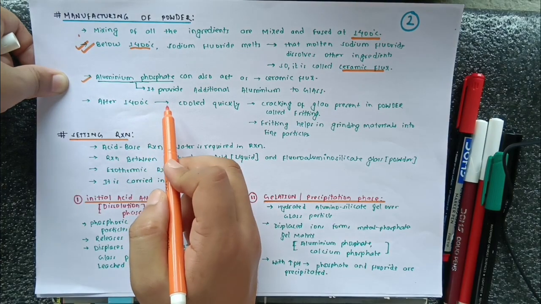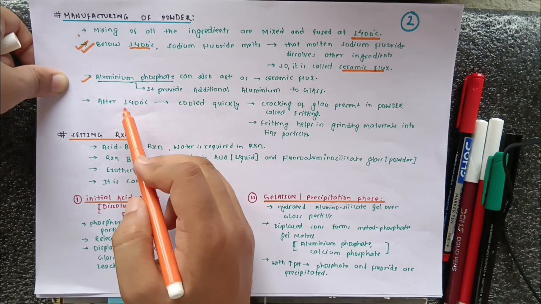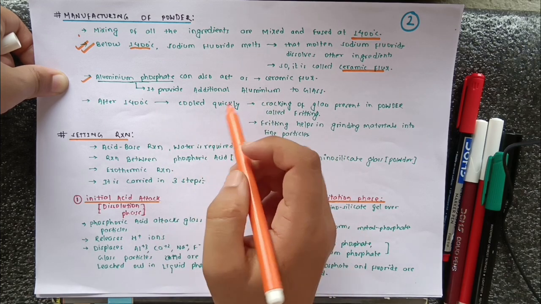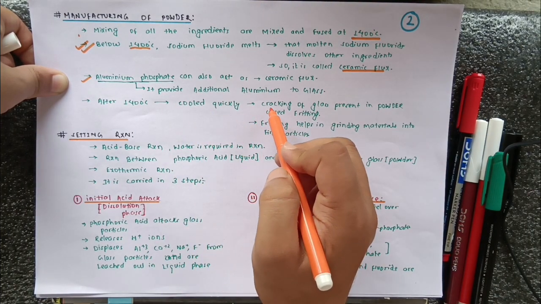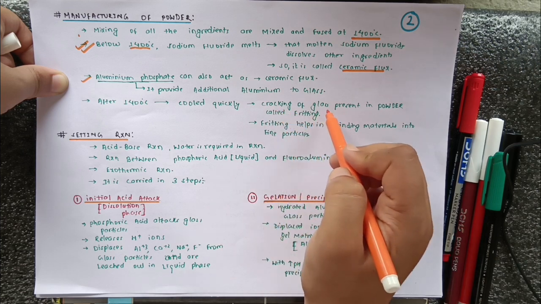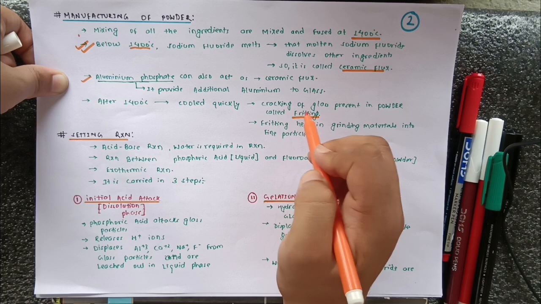When 1400 degrees Celsius is reached, after that we cool the mixture, and after it is cooled, cracks appear. So there is cracking of the glass present in the powder. That cracking of the glass is called fritting.